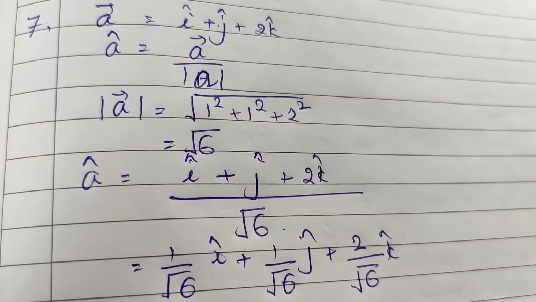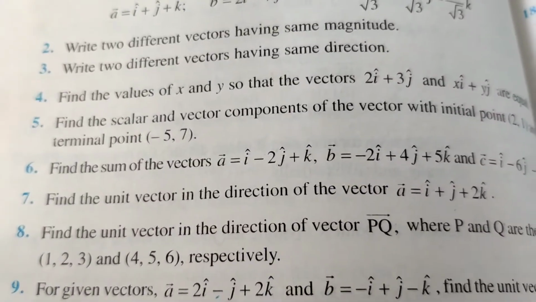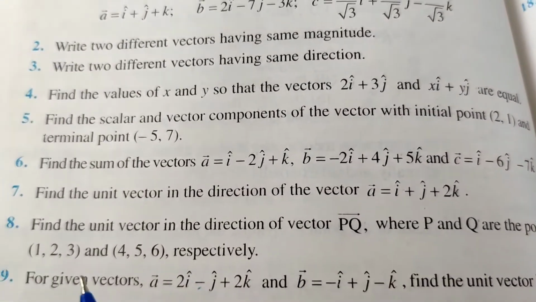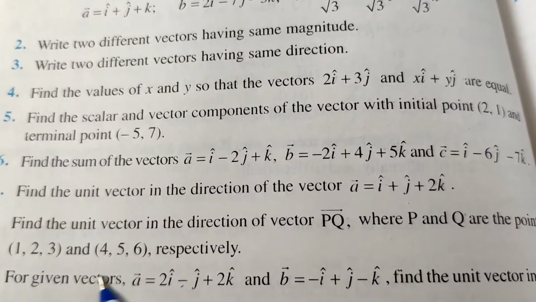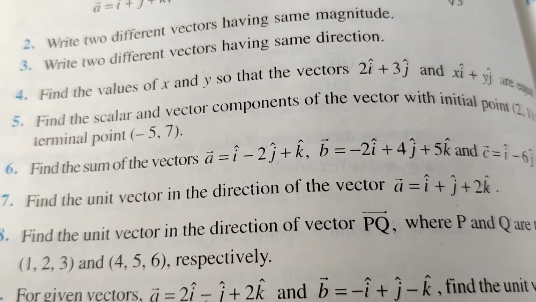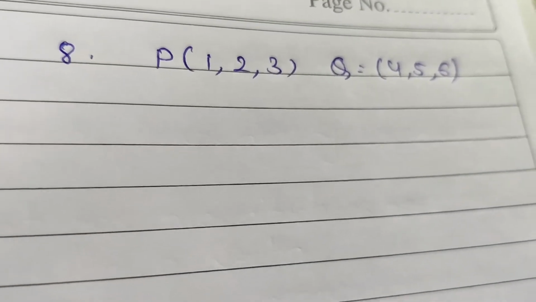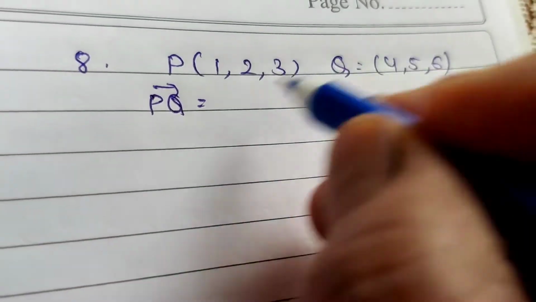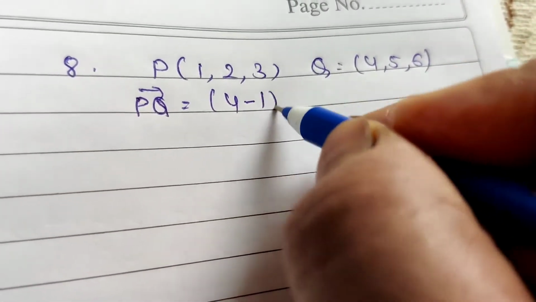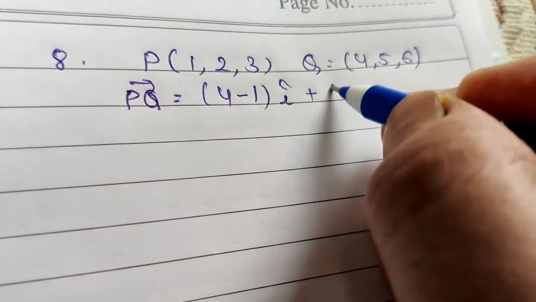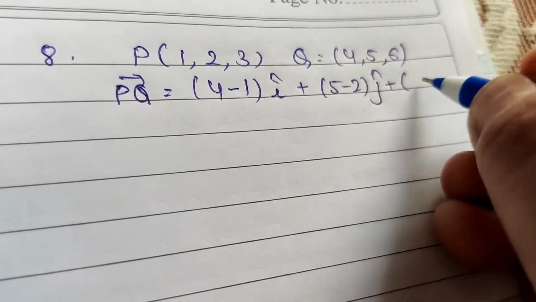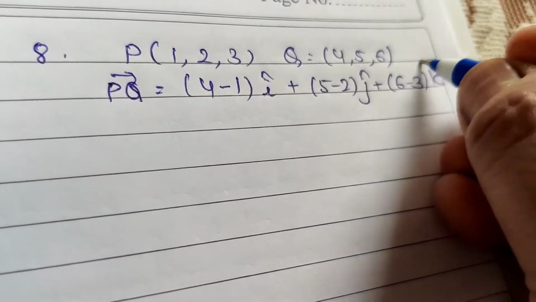Okay, next question 8. 8 is find the unit vector in the direction of vector PQ, where P and Q are the given points 1, 2, 3 and 4, 5, 6 respectively. Okay. PQ vector. The coordinates of P are 1, 2, 3 and Q are 4, 5, 6. Now find PQ vector. It is equal to x2 minus x1 i, y2 minus y1 j, and 6 minus 3 k, z2 minus z1.